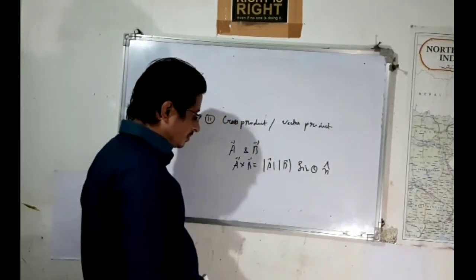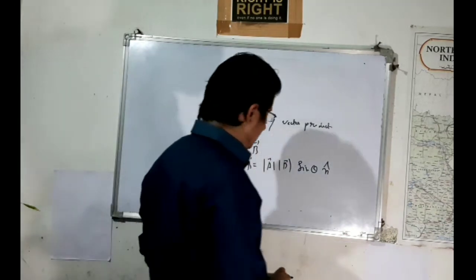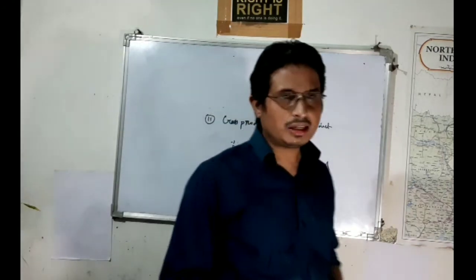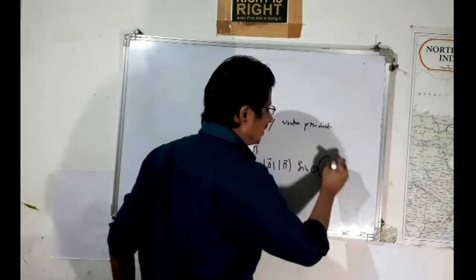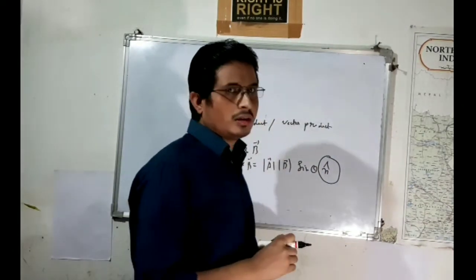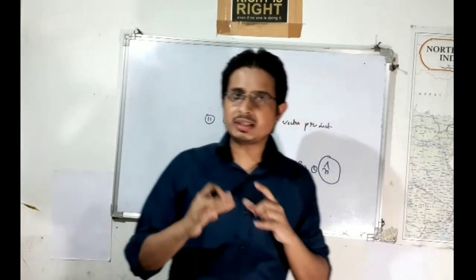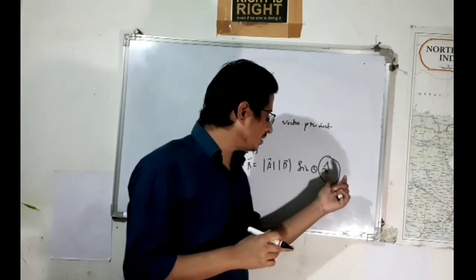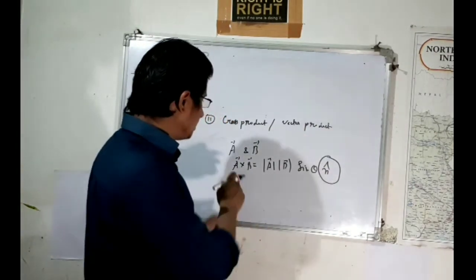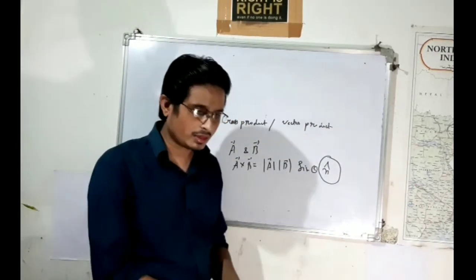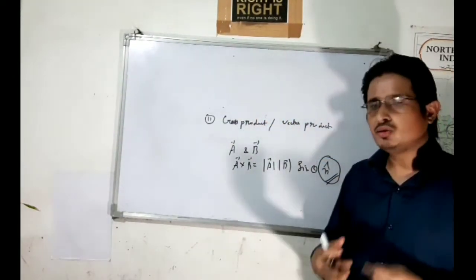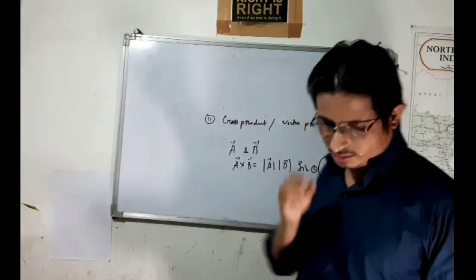Magnitude is also sometimes known as modulus. Here again A and B are the magnitudes of A and B, and this theta is the angle between A and B, and here a vector sign appears. This is a unit vector. So the cross product always results in a vector, and the resultant vector's direction is perpendicular to the plane in which A and B lie. That means this unit vector is perpendicular to both A and B.